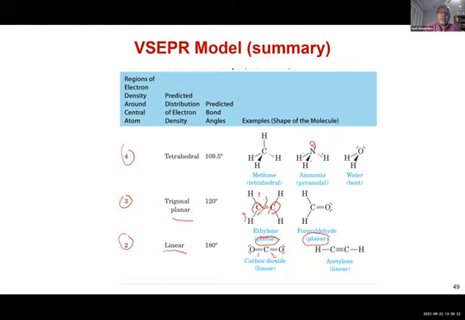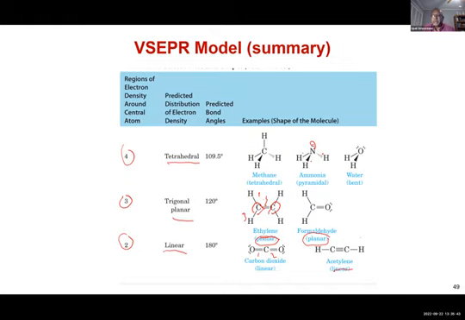3 groups, trigonal planar; 4 groups, excluding lone pairs, tetrahedral. So the carbon dioxide molecule we talk about is linear. So you have to answer the question, what is the molecular shape of water?